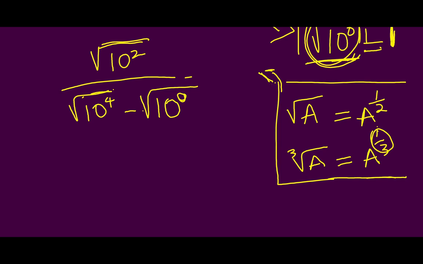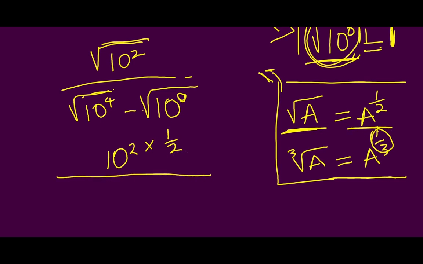So this is 10 to exponent 2 times, from this law, 1 over 2, divide by 10 exponent 4 times 1 over 2, minus 10 exponent 0 times 1 over 2, right?